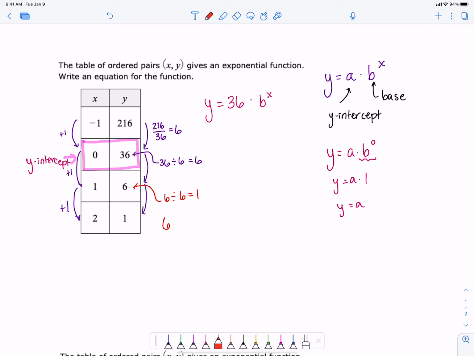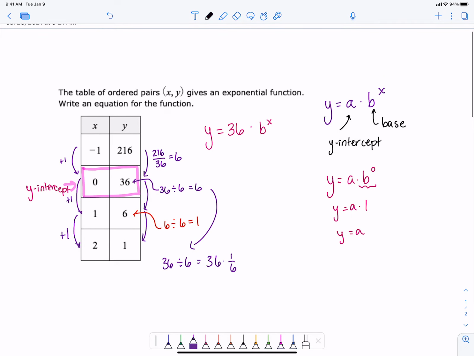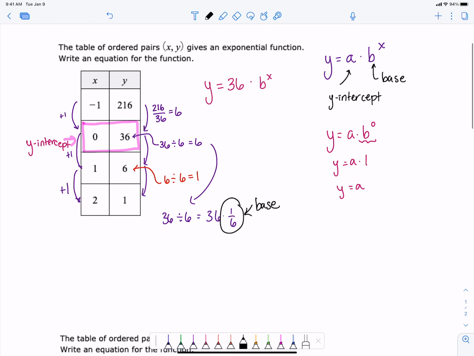So dividing by 6 is the same as multiplying by 1/6. And what we're multiplying by to get our next y value, that's our base. So here is our base. We get y is equal to 36, because that's our y-intercept, and then our base is 1/6 to the x.